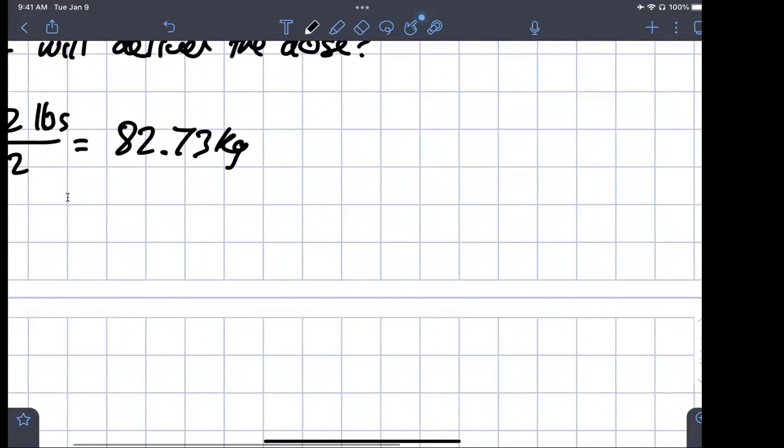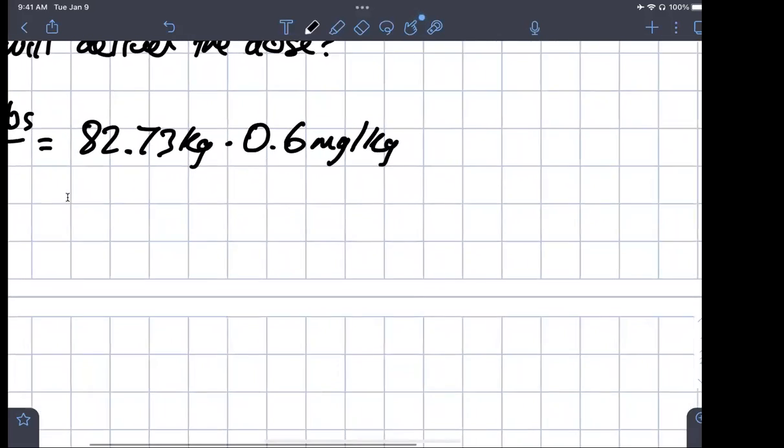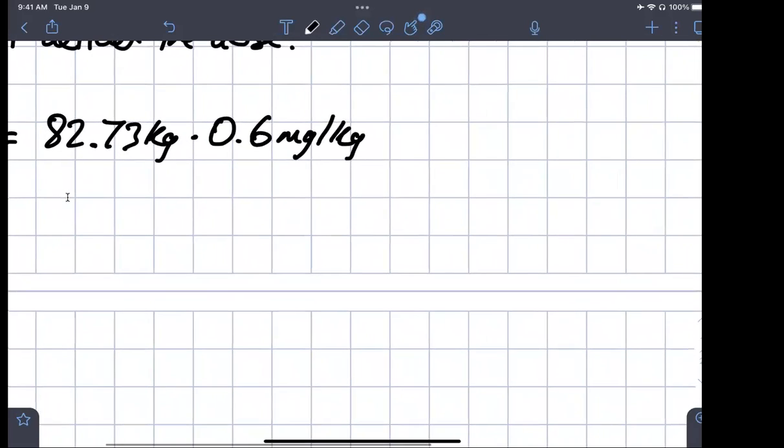So for every kilo he weighs, you will get 0.6 mg per kg. Once again, when you multiply these, the kilos cancel, and that is going to be 49.6 milligrams.